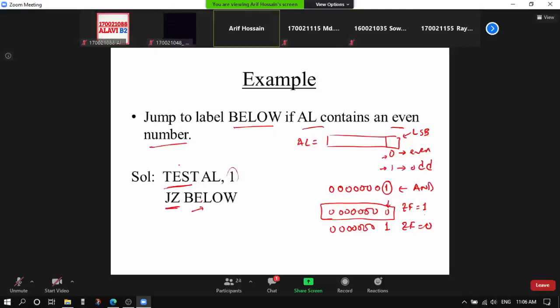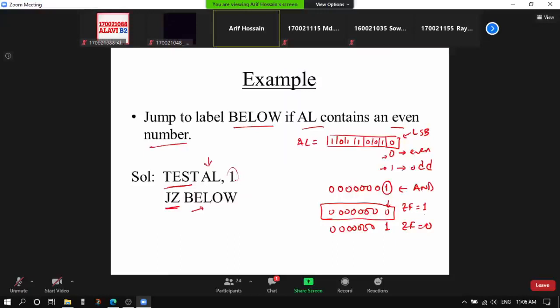Okay, so you see, the difference between test and AND is that if you write test AL and 1, then the contents of AL will not be changed. Say the value of AL is something like this, 0 0 1, something like this. Whatever the value of your AL, you are performing AND with a 1 mask.